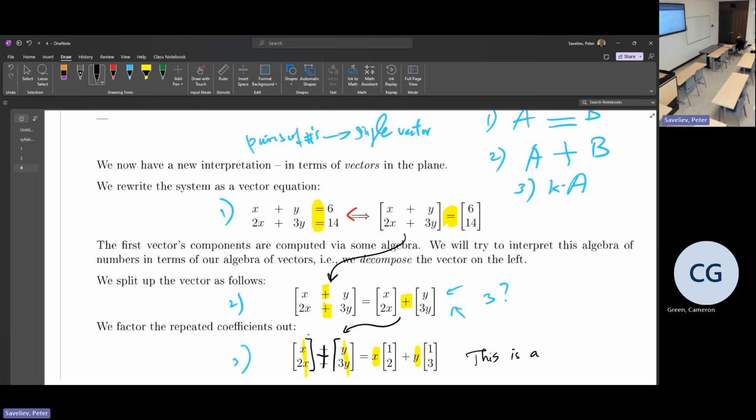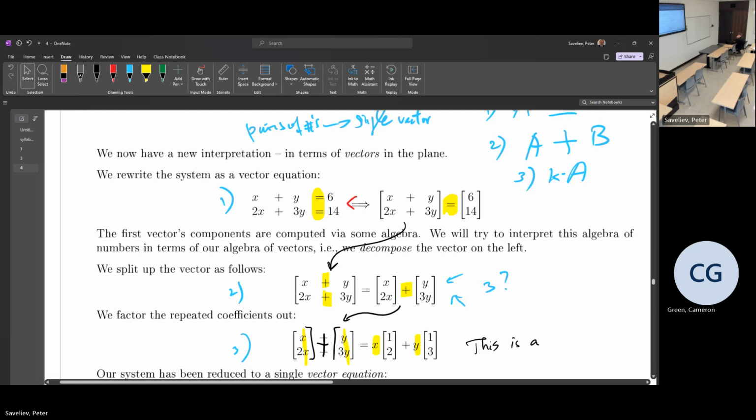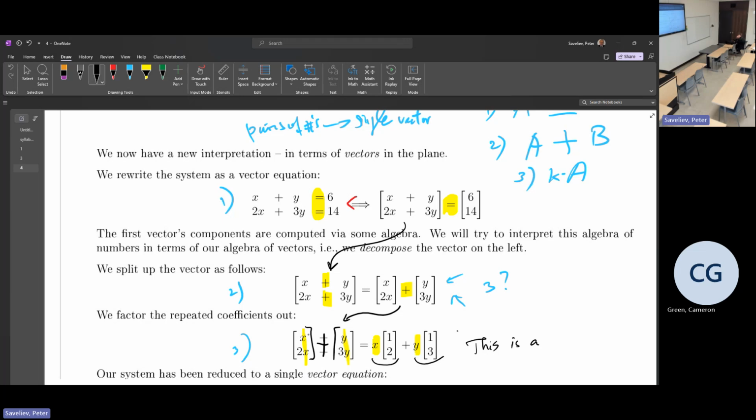What does scalar multiplication do to a vector? 1, 2 multiplied by x, what happens to the vector? If a vector is multiplied by 2, what does it do to the vector?